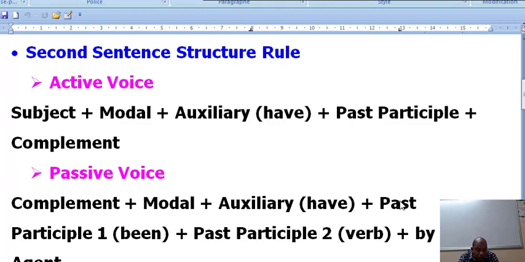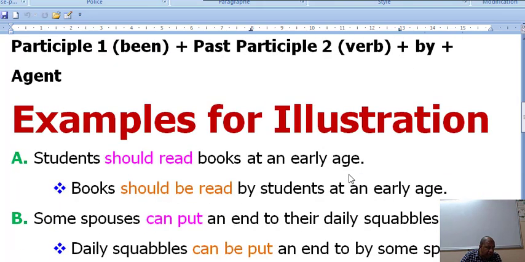And then we come to the main verb that we have. We use it in relation to past participle. That's why I have said participle. Past participle 1, been, and past participle 2 related to the verb. By plus agent, always optional, not obligatory.